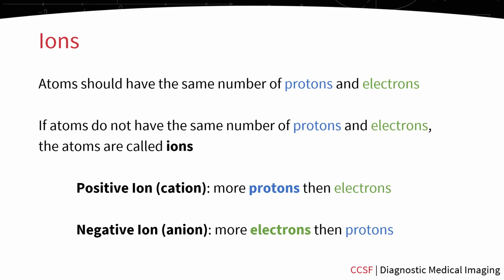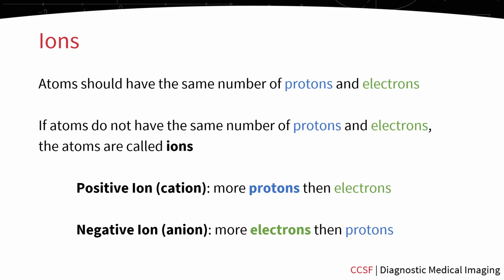Atoms do not always contain the same number of electrons and protons, although this state is common. When an atom has an equal number of electrons and protons, it has an equal number of negative electric charges, the electrons, and positive electric charges, the protons. The total electric charge of the atom is therefore zero, and the atom is said to be neutral.